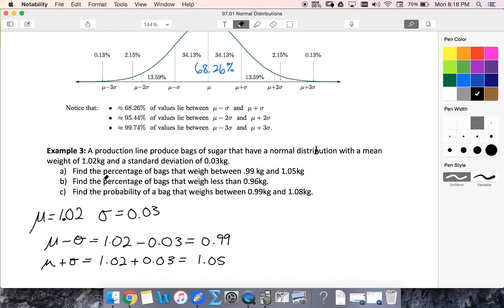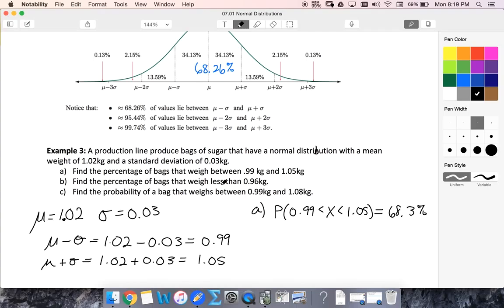So really this is asking what percent of bags weigh between those. So the probability of being between one standard deviation of the mean, I know, is 68.3% when we talk about 3 significant figures.